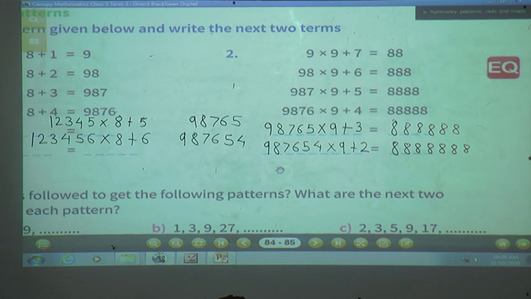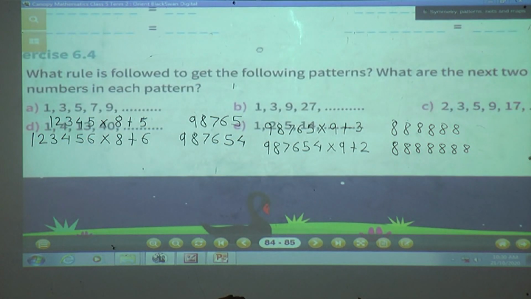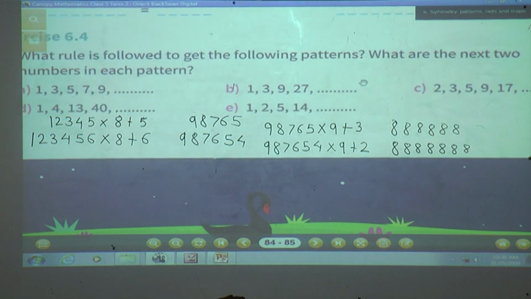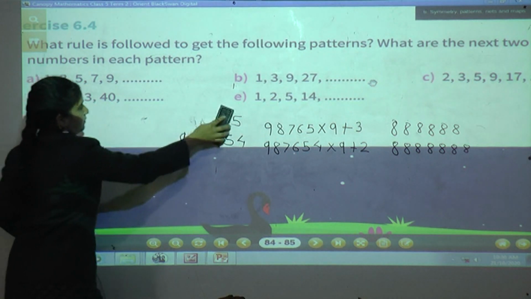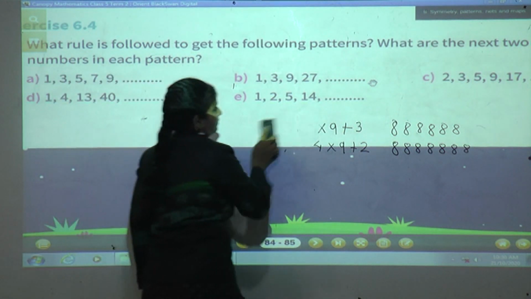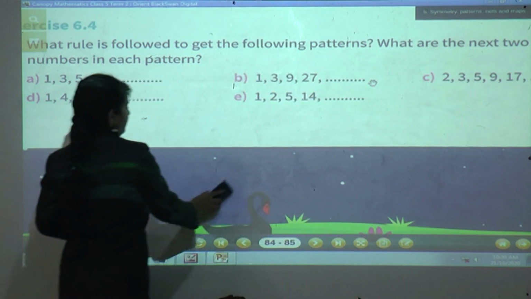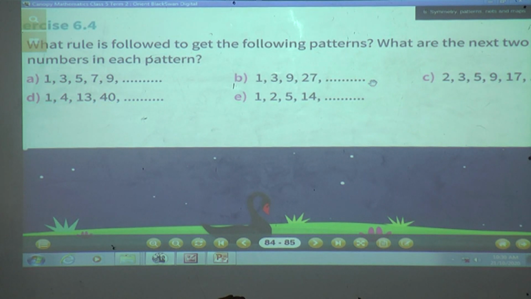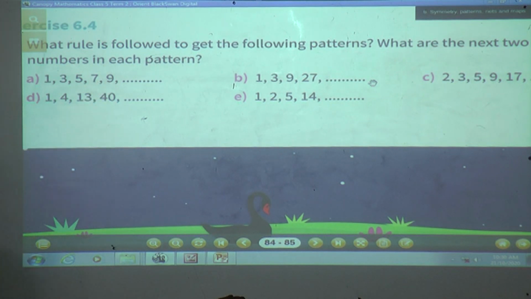See students, here what rule is followed to get the following patterns? What are the next two numbers in each pattern? See, first one, 1 3 5 7 9.